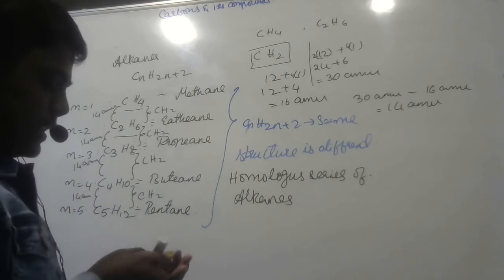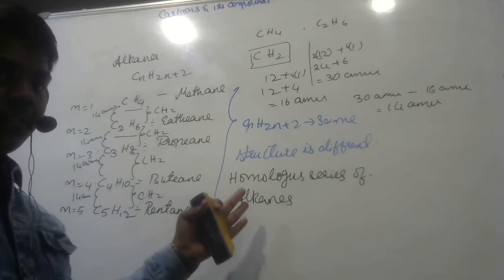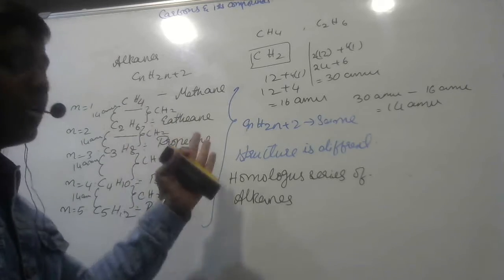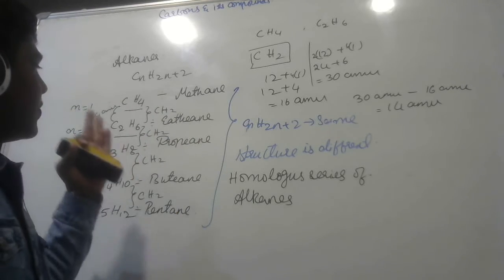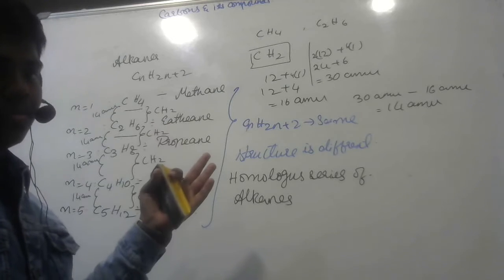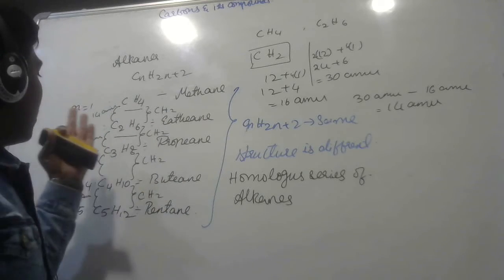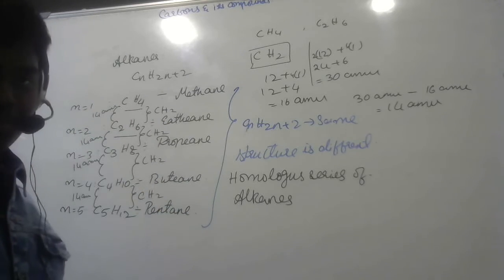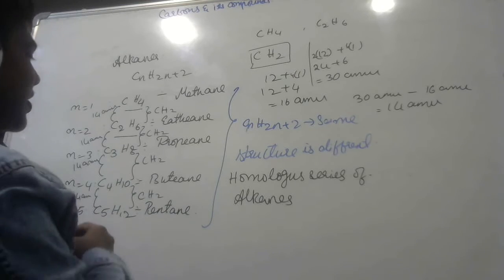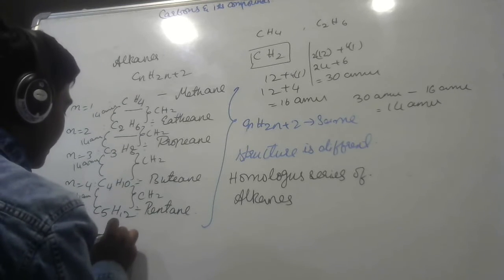Now I can say the homologs in the homologous series of alkanes differ by a formula of CH2 and an atomic mass of 14 AMU. This is the first characteristic that can be noted.